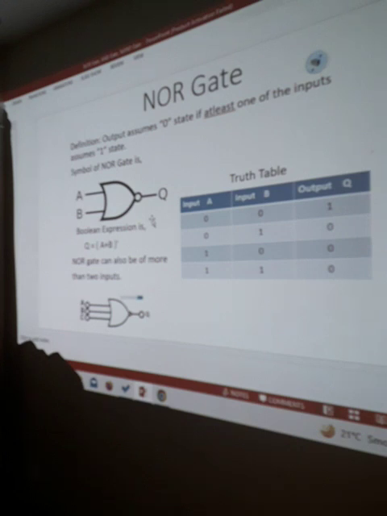So this NOR gate can have more than two inputs as shown in the figure, in which we have NOR gate having three inputs A, B, C, and similarly we can write its Boolean expression as Q is equal to A plus B plus C whole complement.